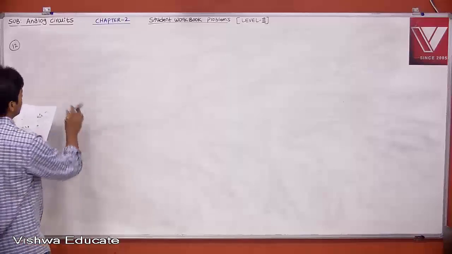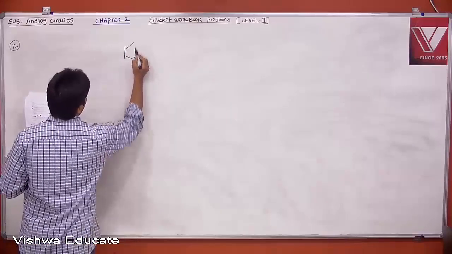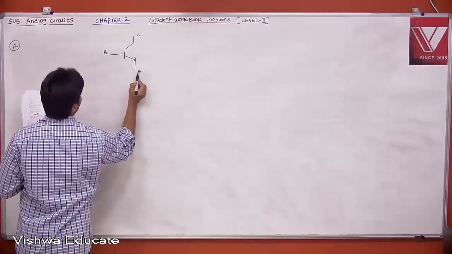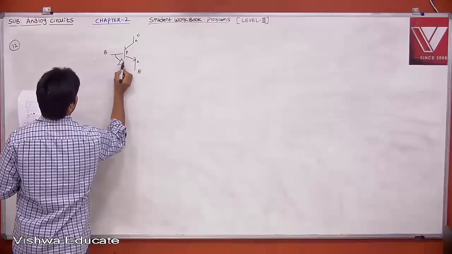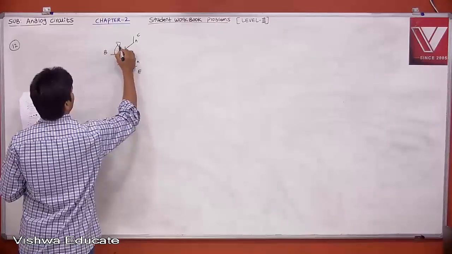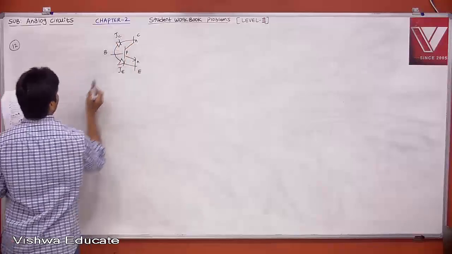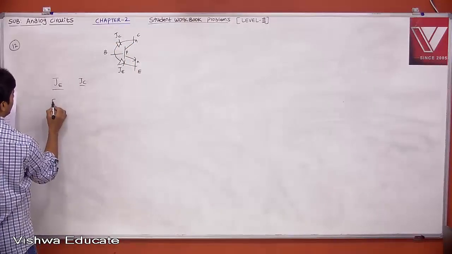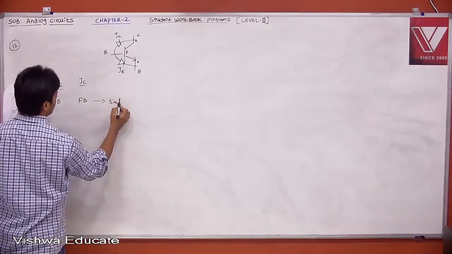How many regions do we have? Actually we have 2 junctions. If you take a BJT, collector, base, emitter, this is your NPN transistor, this is a PN junction diode, this is another PN junction diode. This is your emitter junction, collector junction. If both are in forward bias, this is saturation.